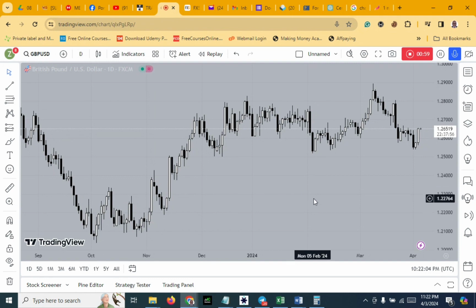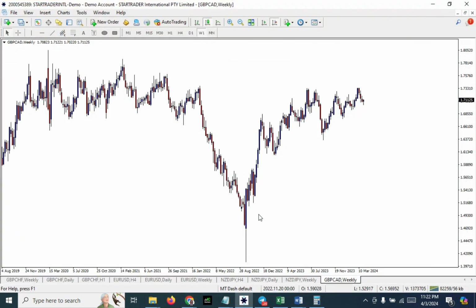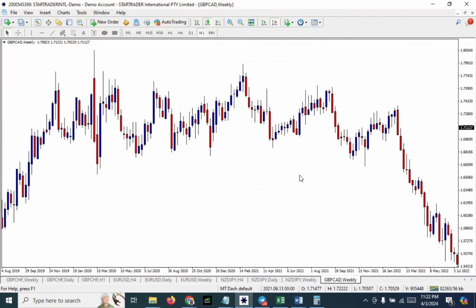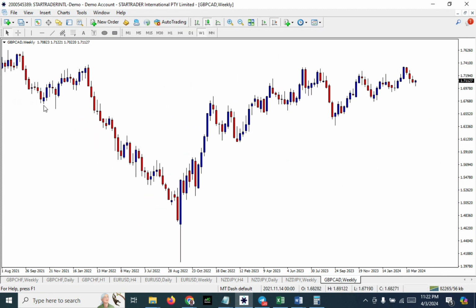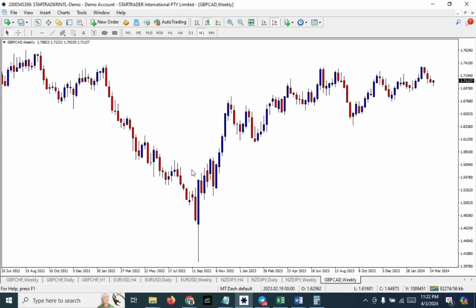So now let's head over to MT4. MT4 is where we're going to start doing this analysis. The currency pair we're going to analyze tonight is GBPCAD, Great British Pound against the Canadian dollar. These are all majors, as it were, the pound and the Canadian.